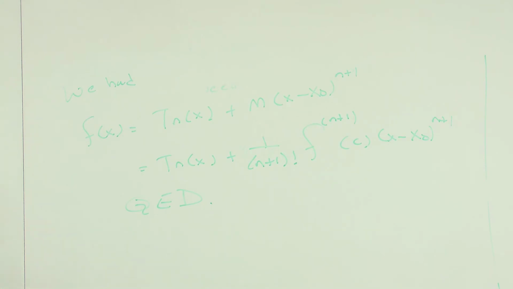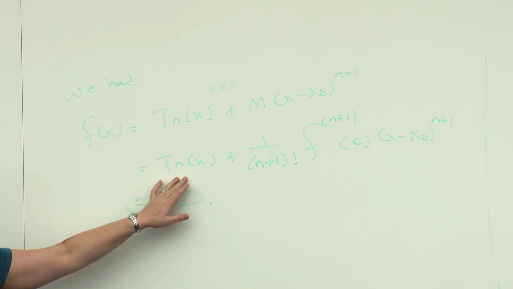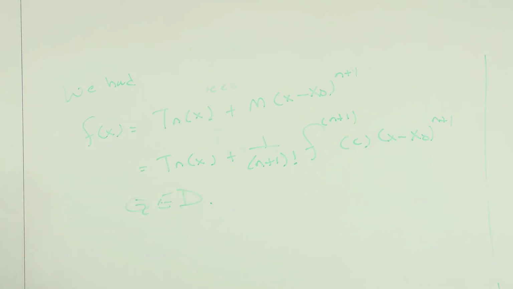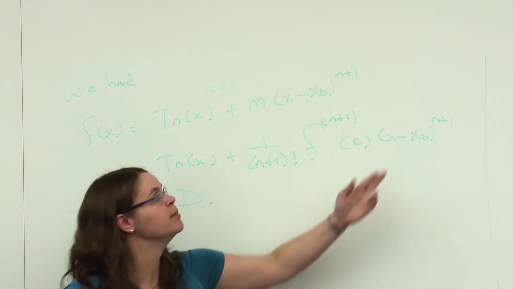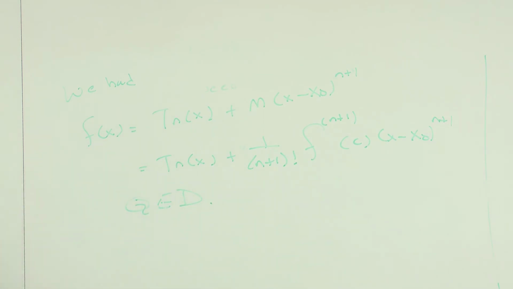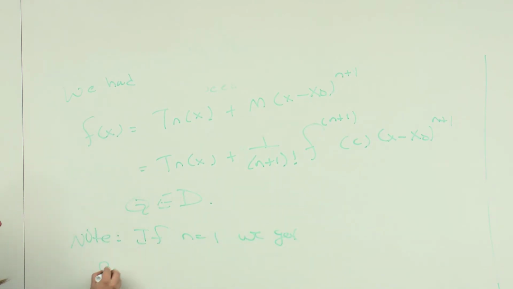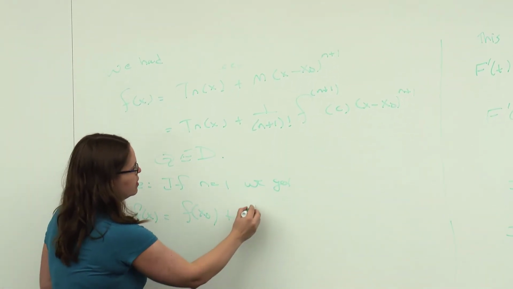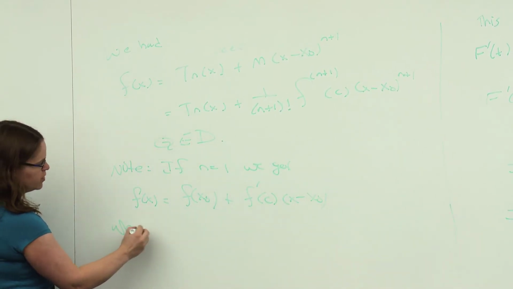So if we were to just go with n equals 0 in here, the 0th Taylor order approximation is just a constant term, f of x naught. So f of x minus f of x naught is equal to f prime at some point times (x minus x naught). So I'll just make this note. If n equals 1, we get f of x equals f of x naught plus f prime of c times (x minus x naught), which is our mean value theorem.